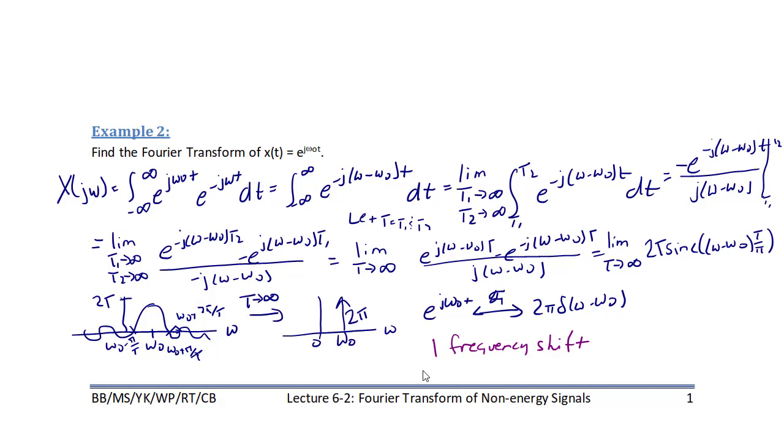And I know it has a frequency shift because when you multiply by an exponential, that represents a frequency shift. So since the Fourier transform of 1 is 2 pi delta of omega, the Fourier transform of e to the j omega naught t would be 2 pi delta of omega minus omega naught.